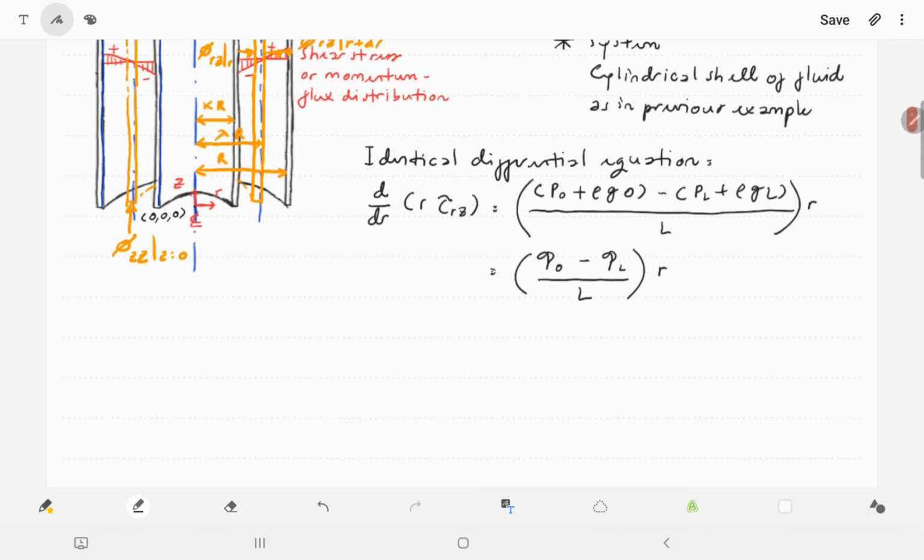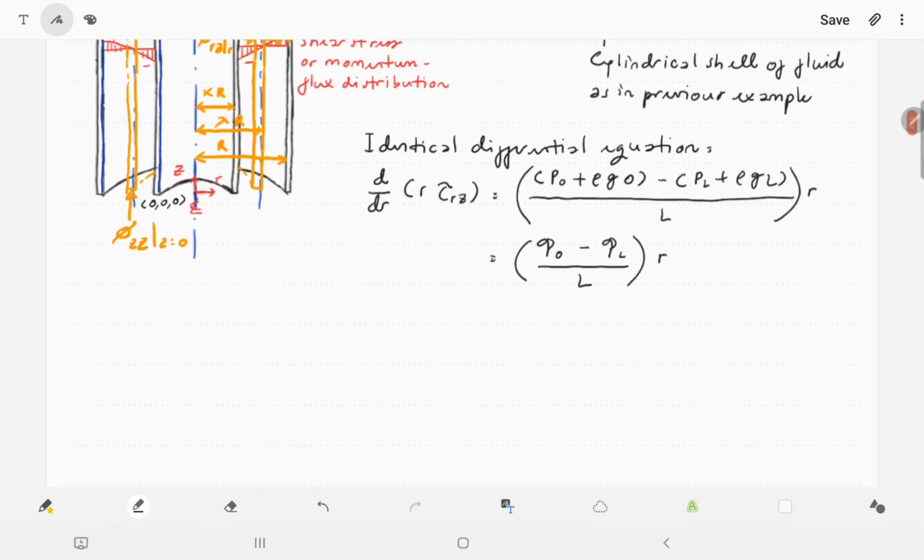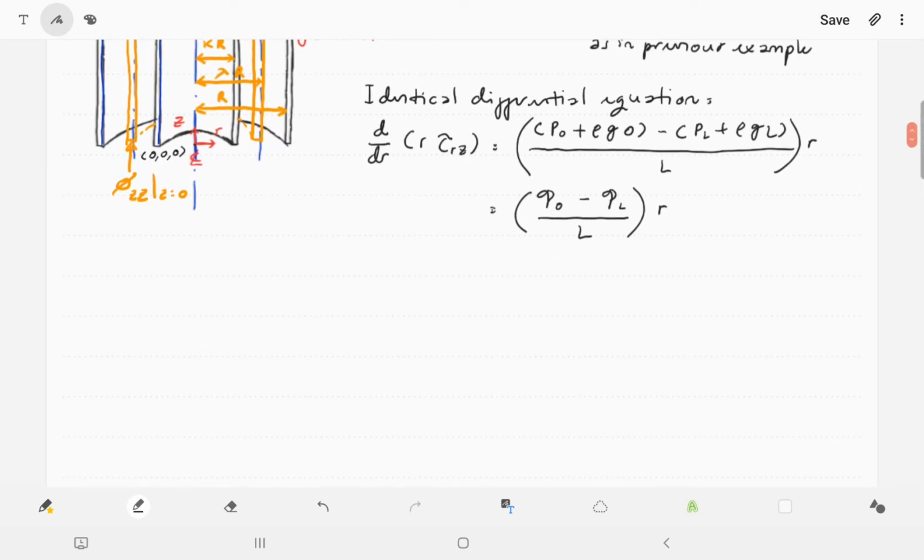So far this is the same, but the only difference in here is the modified pressure difference term. The definition differs.